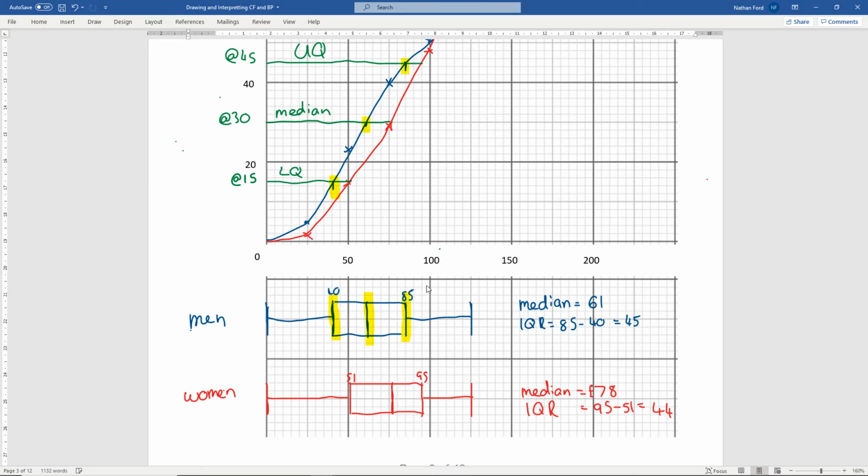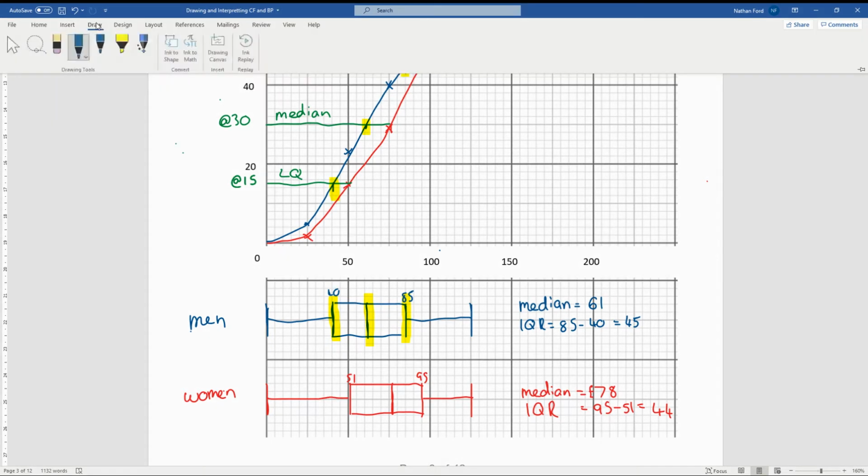Now, when you're comparing data, so when you're comparing two box plots, there's two things you need to compare. There's going to be your next slide will have this, but what you need to compare is the medians because median, remember, means average. So what you could say is that men, on average, spend less because the median is less.